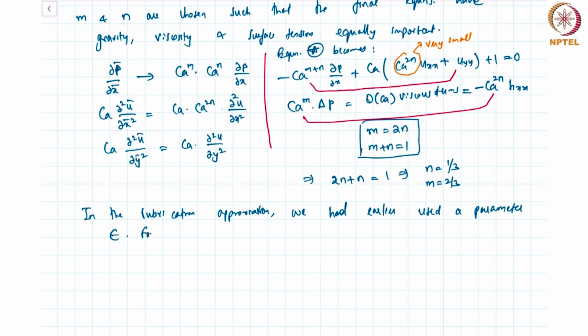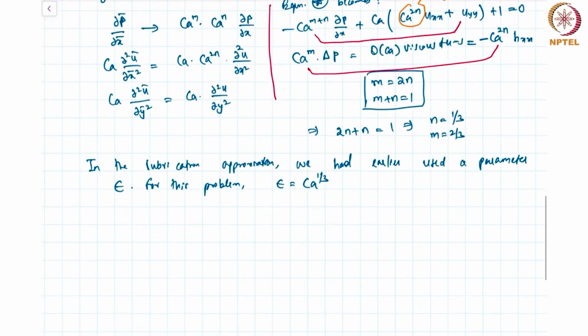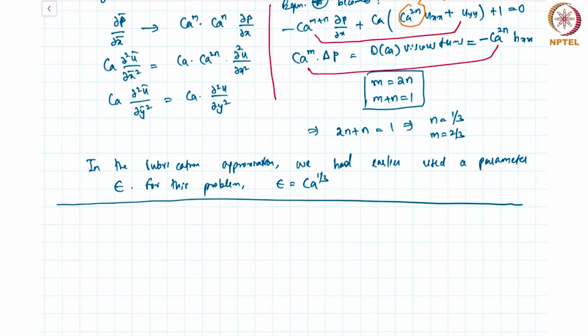Or rather, for this problem, epsilon is indeed capillary power 1 by 3. That's exactly the value of epsilon. Okay, so that sort of brings closure to our little detour that we've taken. Let's return to our original problem.